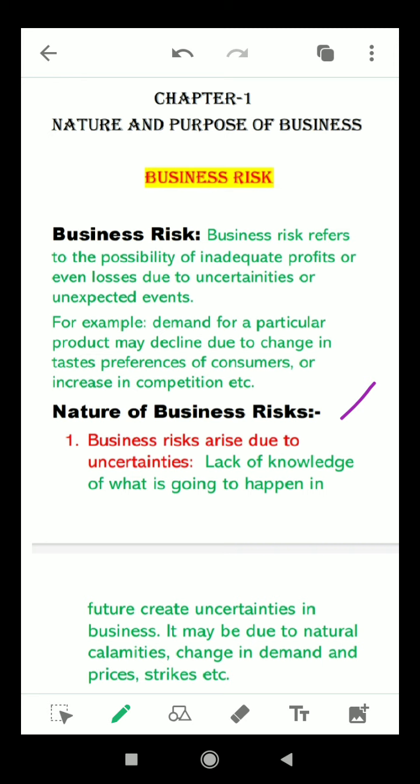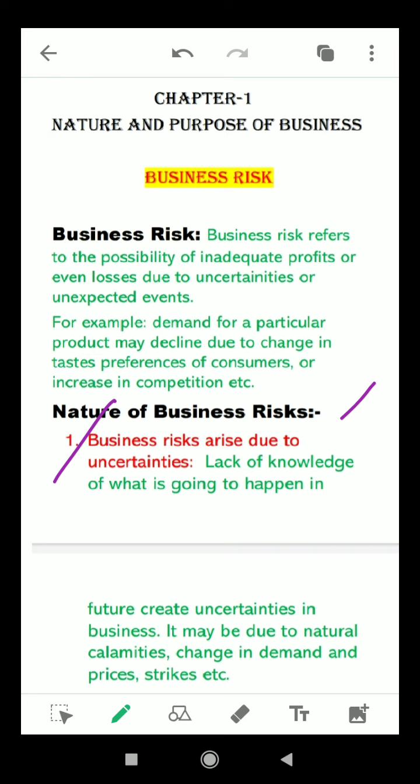Number 1 is business risks arise due to uncertainties. Lack of knowledge of what is going to happen in the future creates uncertainties in business. It may be due to natural calamities, change in demand and price, strikes, etc. A businessman plans his activities on the basis of future predictions, and the future is always uncertain.